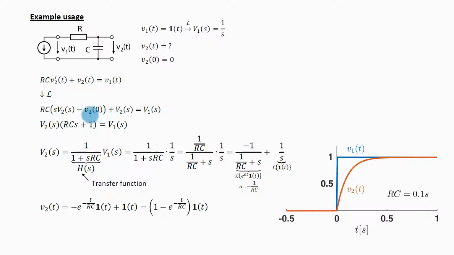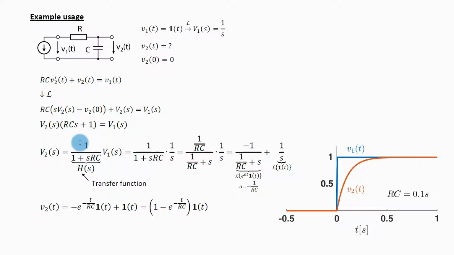This initial condition is 0, so I can rewrite this equation like this, from which I can write that the Laplace image of the output voltage is the Laplace image of the input voltage multiplied by this function. If I was working with the Fourier transform and this was the spectrum of the input voltage and this was the spectrum of the output voltage, we would call this function the frequency characteristic or frequency response.